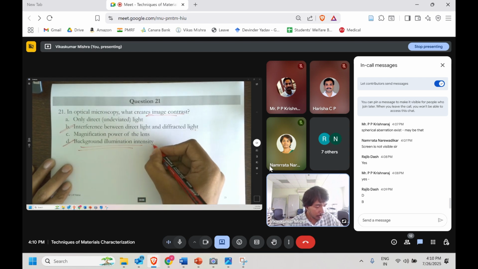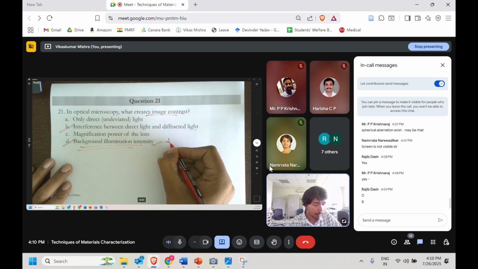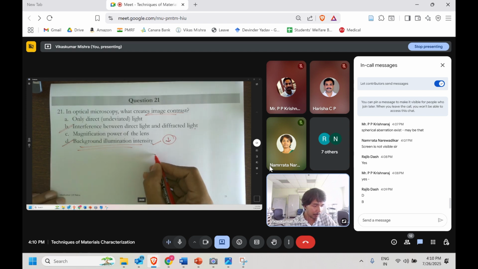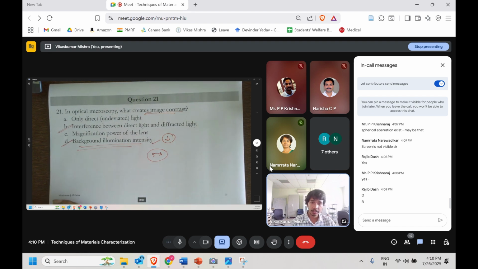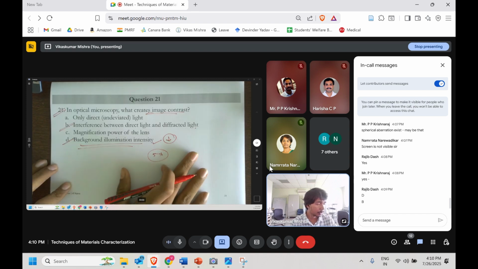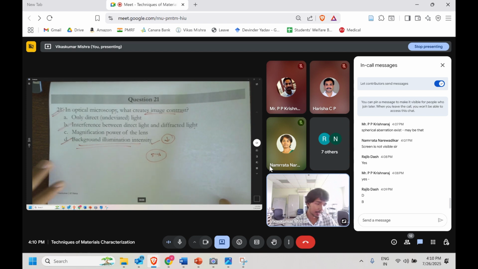Now the contrast due to this we want to minimize, because if background intensity is too much, we won't be able to get a good signal to noise ratio. The signal to noise ratio should be something around 5%. Then only is the signal considered to be good. Okay, so with that we have solved question number 21. If any doubt, please let me know.